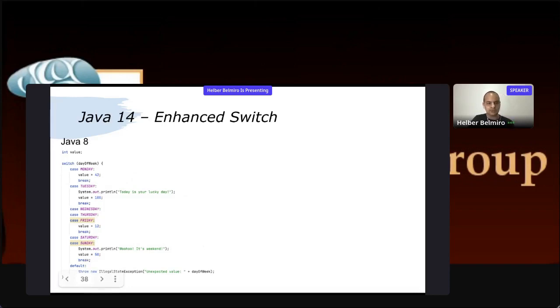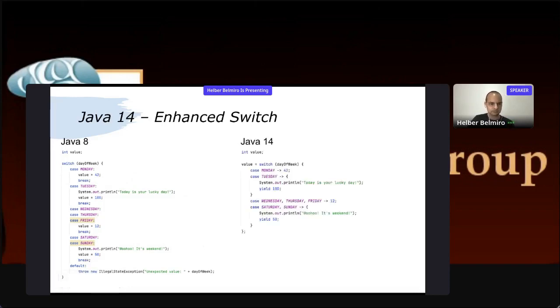With Java 14, we have this new switch that I can assign to a value directly, and you can see that it has this arrow here. In case of Monday, it's 42. It's like the switch is returning 42.